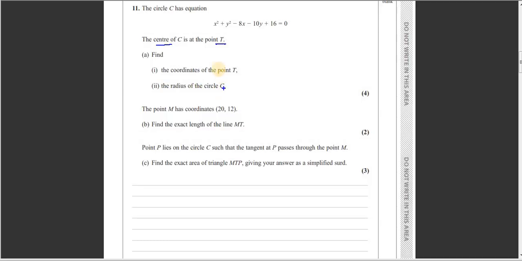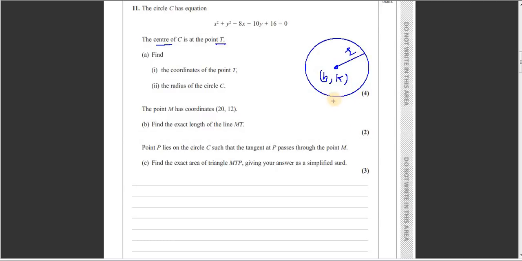Okay, so the idea is, in general, if you have a circle with some center, and let's say the center of the circle is (h, k), these are the coordinates of the center of that circle, with the radius r.